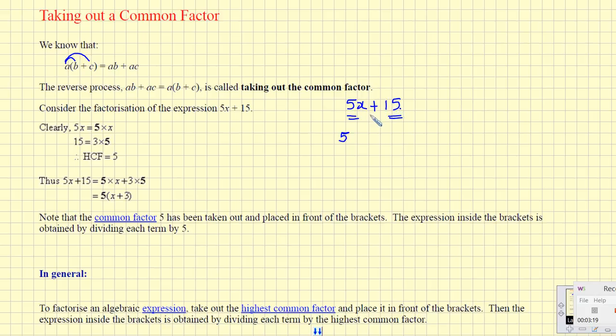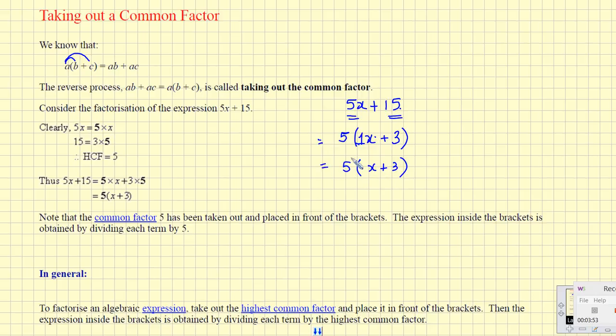If I take out a 5 and open a parenthesis, 5 divided by 5 gives me 1, but it's 1x, because I have an x still inside. And then 15 divided by 5 gives me 3. So I end up with 5 bracket x plus 3.